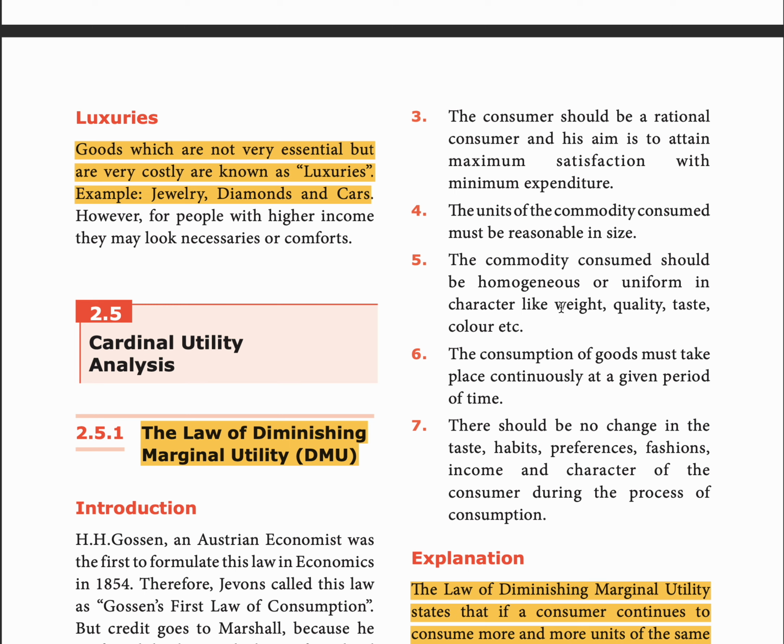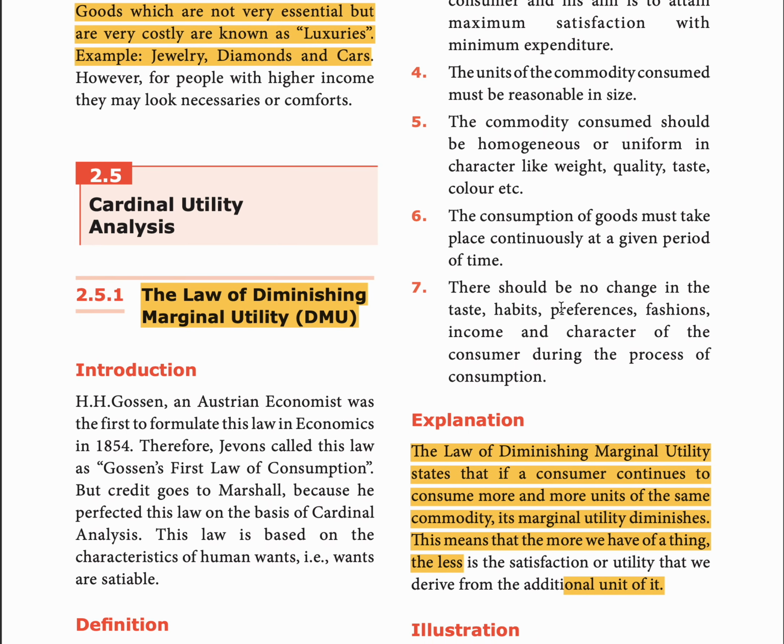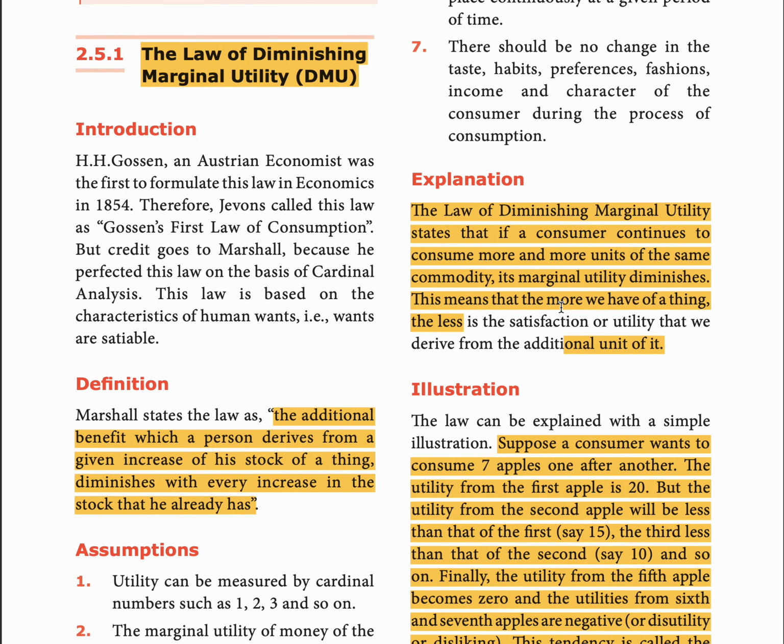Now we will understand the law of diminishing marginal utility. Marshall states this law. He says that the additional benefit which a person derives from a given increase of a stock of a thing diminishes with every increase in the stock that he already has.